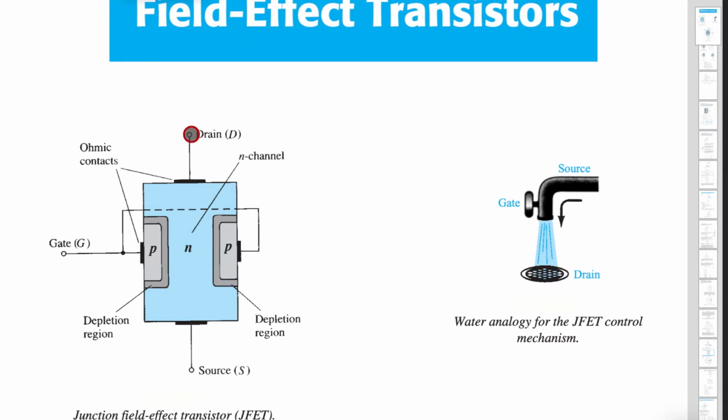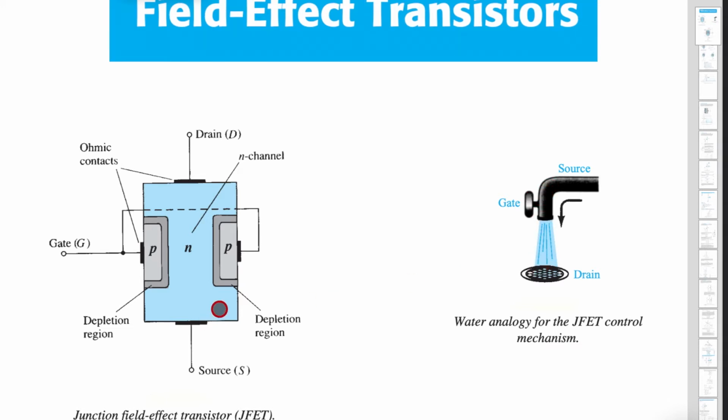Now why it is called drain, gate and source, we will see. It is the same as a water analogy. The source is where the water comes from the pipe, and the drain is the place where it collects all the wastewater and moves it out. And here we have a knob, called the gate, which controls the flow of this water.